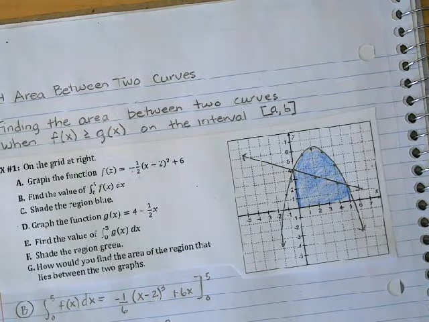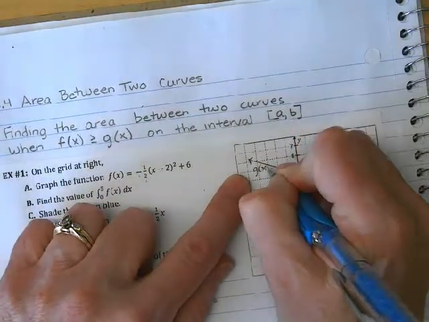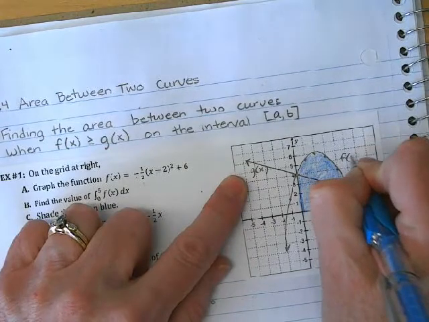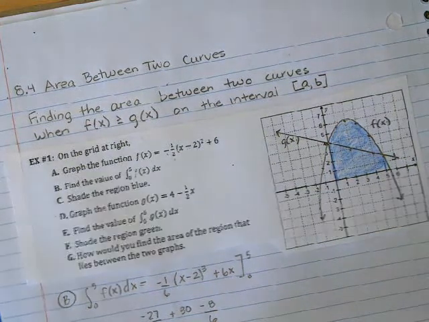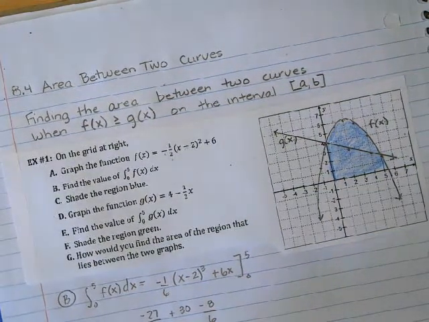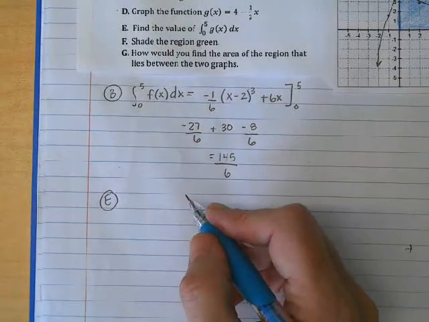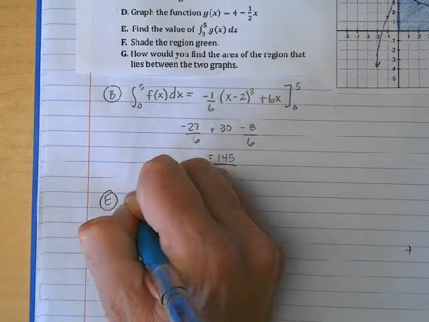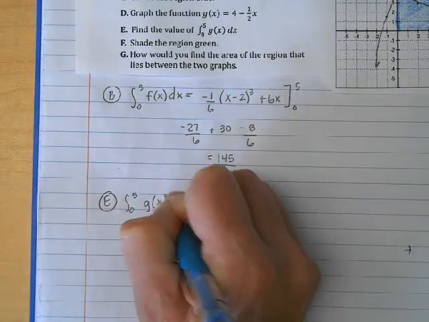Okay, and we're going to do the same thing. So this is g of x right here, and this is f of x. So we're going to find in part, what is it, E, the area under g of x. Okay, so that is the integral from 0 to 5 of g of x dx.